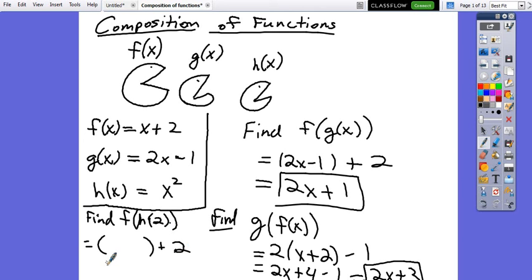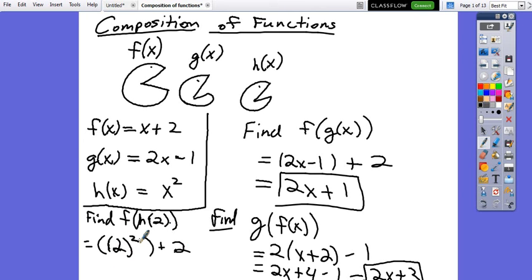Now what goes in that big parentheses? Function h. Function h is x squared. Instead of putting the x, what do I need to put? The 2, because inside of function h, we have to plug in the 2. So inside parentheses, it's going to be 2 squared.